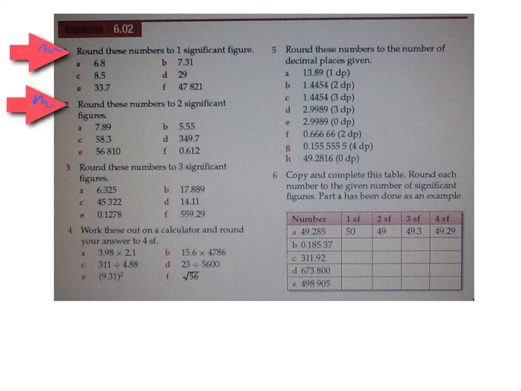Question 1, A to F, and question 2, A to F. Again, this is not to catch anyone out, but I'd like you to do the questions, write the answers in your maths workbook, and please have them ready so that on the day that I ask for the answers, you can simply refer back to your workbook and you'll have the correct answers. Certainly you'll have your work there, and of course one hopes that they will be correct.